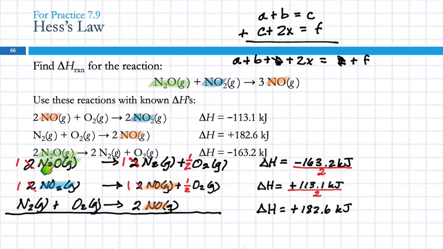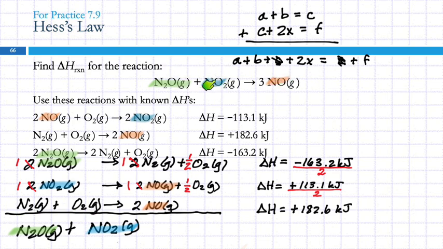So up here, I've got N2O. And that one's green. And I've got NO2. And that one we're highlighting in blue. And then I've got N2 and O2.